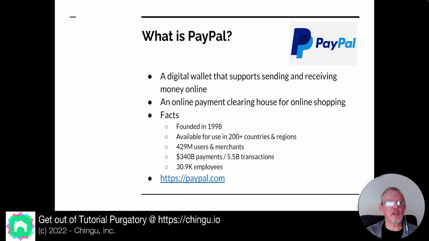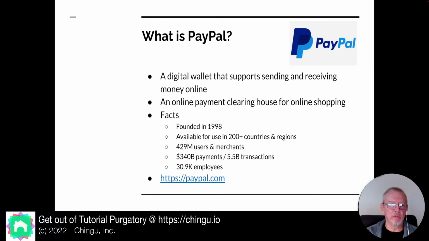Now, what is PayPal? PayPal is used very heavily in North America, not as much in other parts of the world. It's two things. It started out its life as an online clearinghouse for online shopping payments. And it's morphed into a digital wallet that supports sending and receiving money between individuals, not just companies or commercial enterprises.